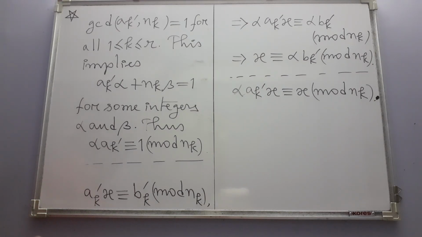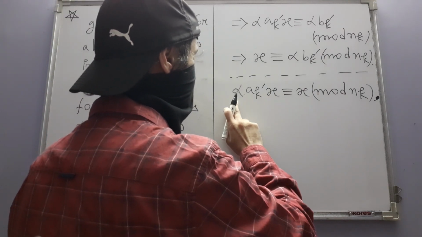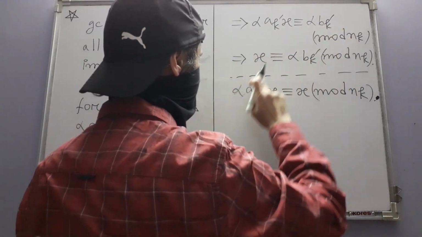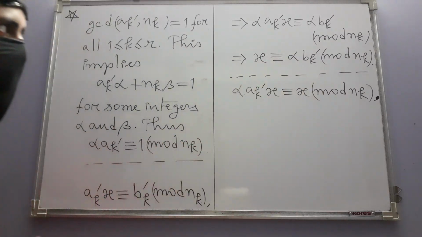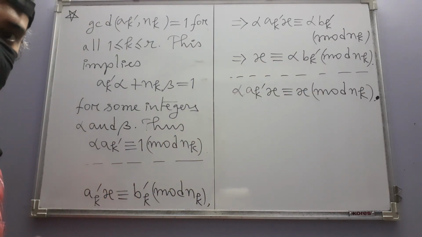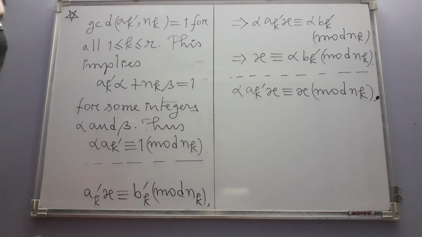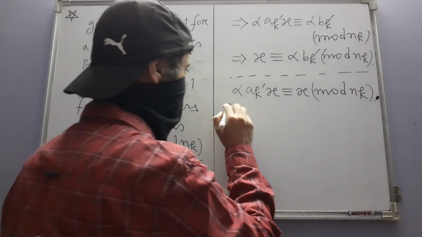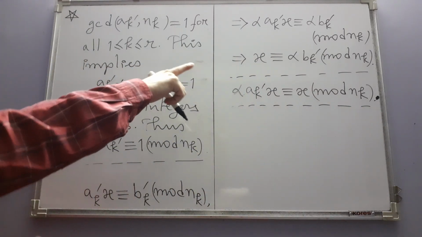X no doubt is a variable, but after all it's an integer, right? An unknown integer. So now this is congruent to this, and this is also congruent to x. So x should be congruent to this, because congruence is a transitive relation. It's symmetric, it's an equivalence relation. That's the missing step here, and that's how we have got this.